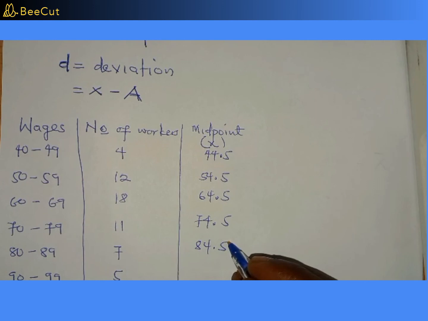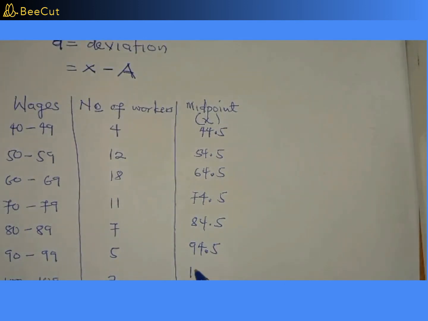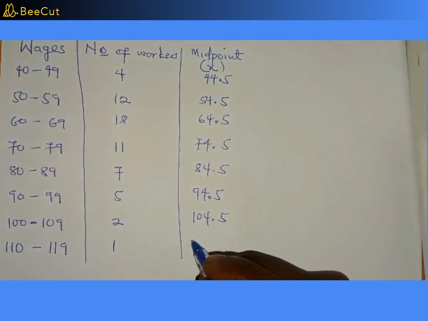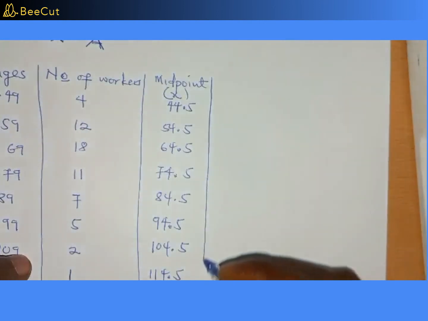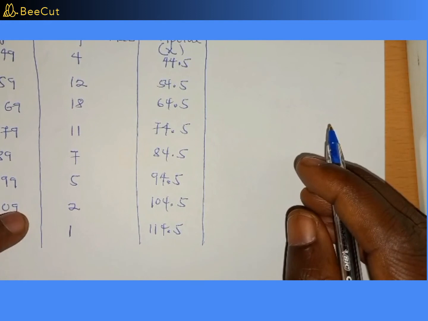I'm going to get 94.5. I'm going to have 104.5, and the next thing I'm going to get is 114.5. So this gives me what we call the class midpoint or the class mid value.